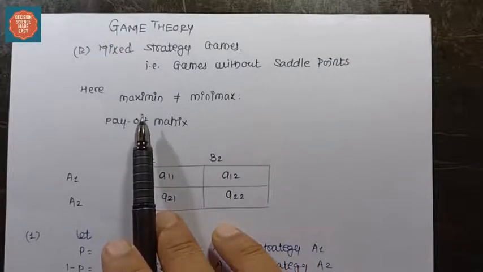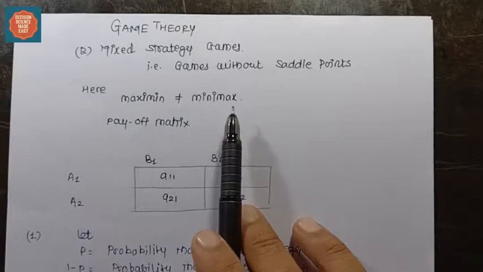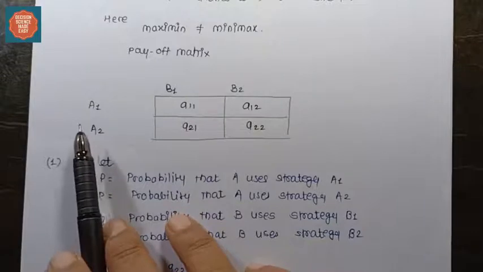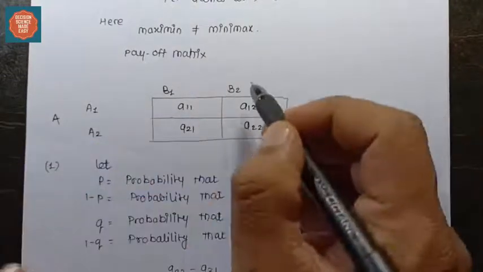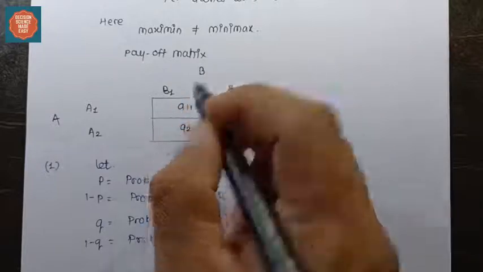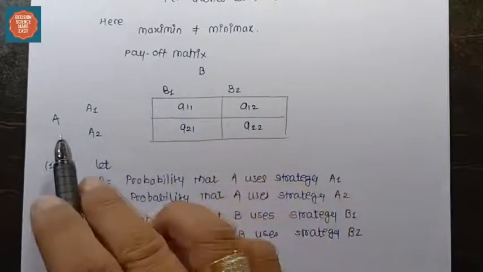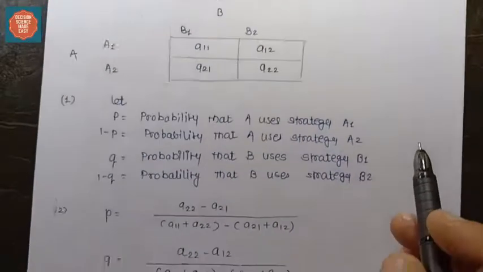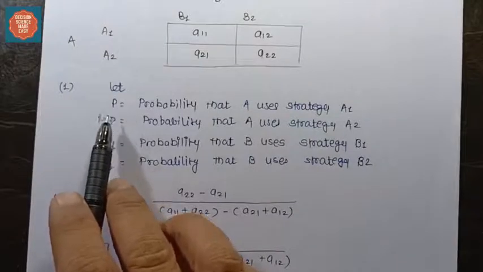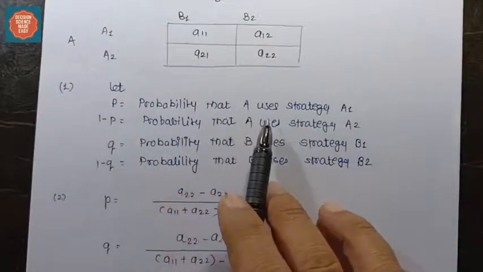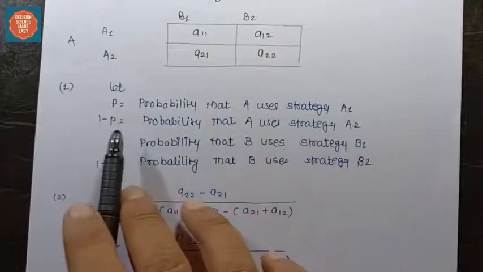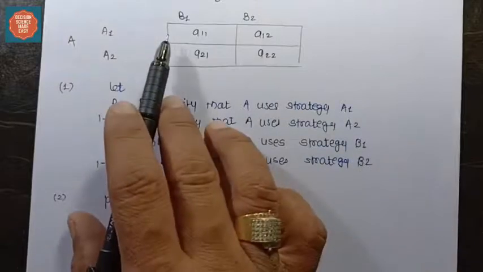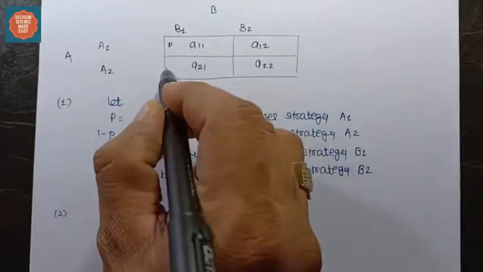Here, obviously maximin is not equal to minimax, and the payoff matrix will be given in this format, wherein on the left hand side is player A and on the top is player B. So A1, A2 are the strategies associated with player A and B1, B2 are respectively the strategies associated with B. Let's consider P is the probability that A uses the strategy A1 and 1 minus P is the probability that A uses strategy A2.